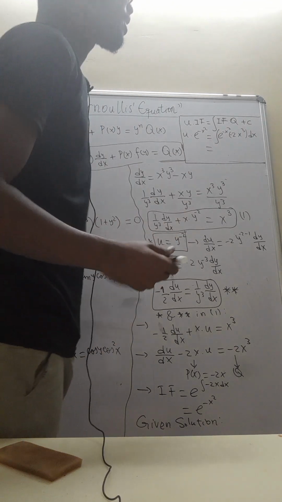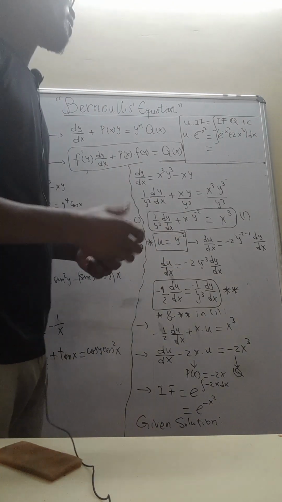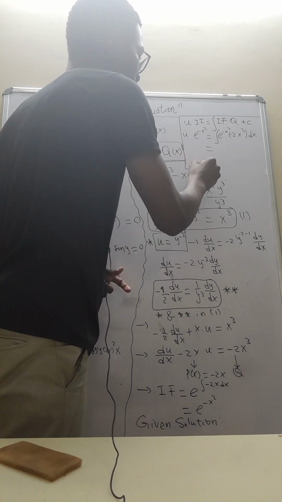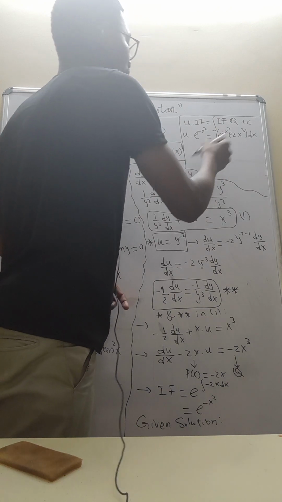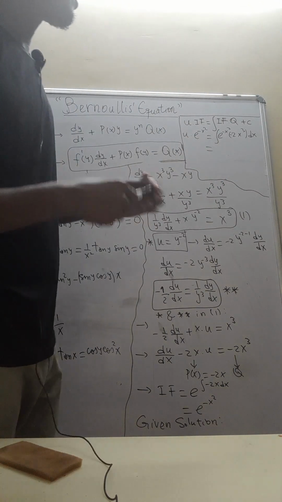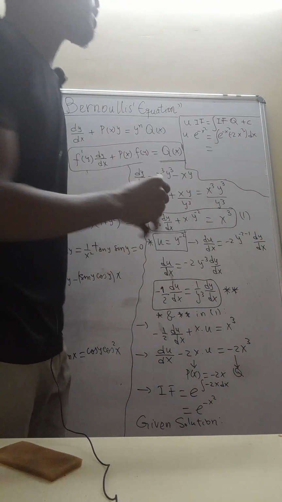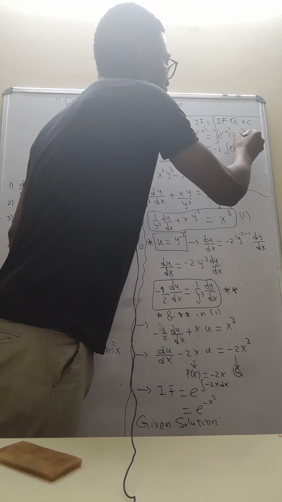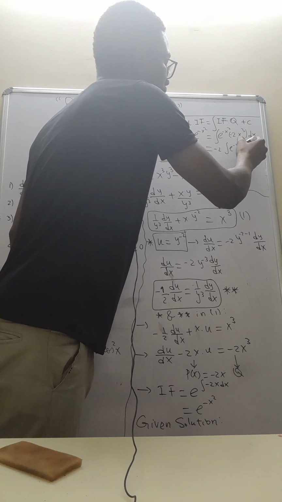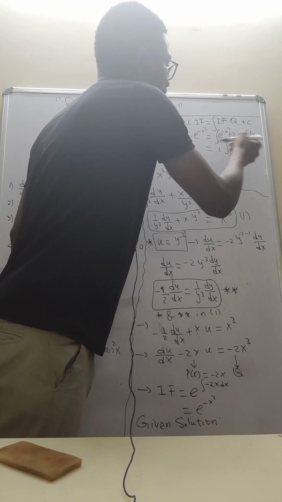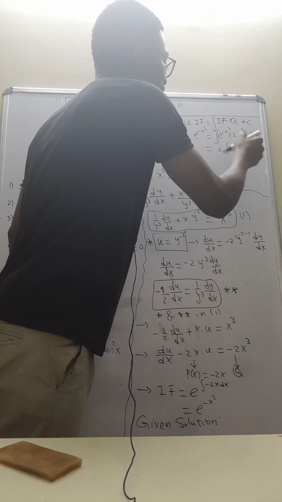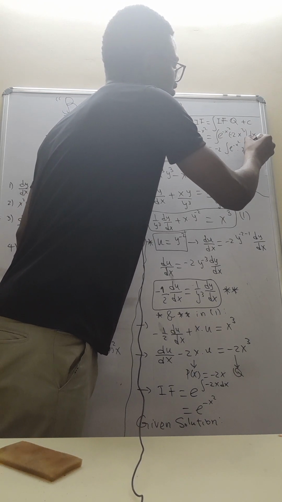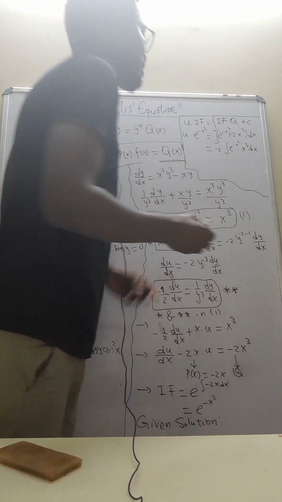Then just solve this integration. If you just apply this, you have this integration here. This is minus 2 times the integration of Euler minus x squared, and you can take out only the minus 2, times x cubed dx.